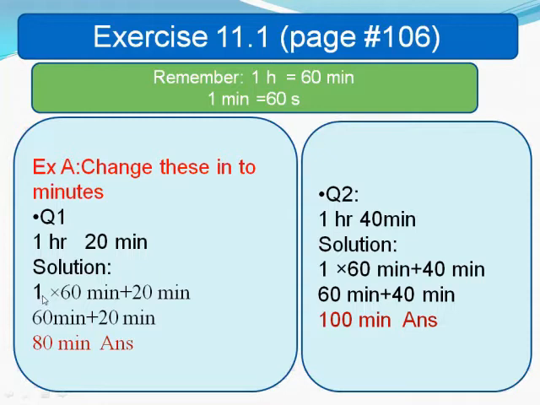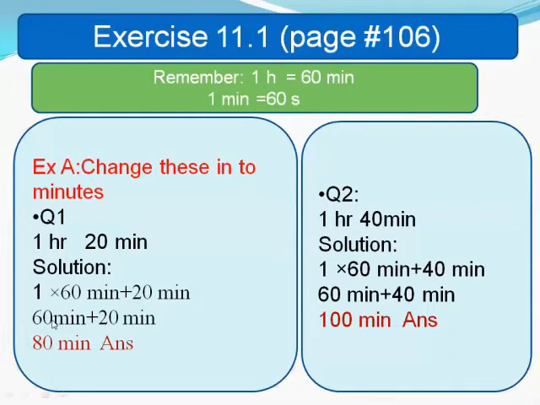We remember that 1 hour is equal to 60 minutes. It means 1 multiplied by 60 minutes. This 1 hour is converted into minutes and 20 minutes stay the same. Now 1 times 60 is 60 minutes plus 20 minutes. We convert this hour into minutes.